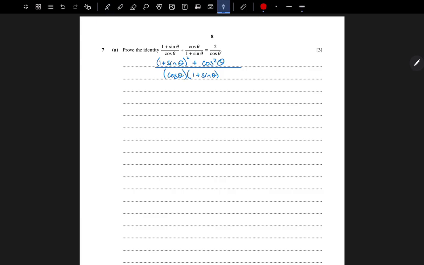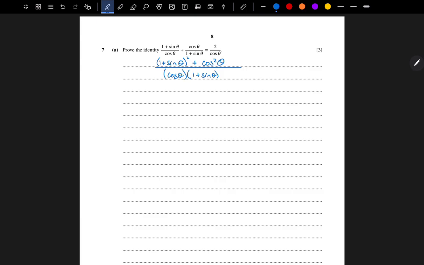Now if we look at the equation that we have, we can see that we have cos theta in the denominator, which we have in the question as well, and we can also see that we have 1 plus sine theta over here and 1 plus sine theta over here, which are identical. So we need to find a way to cancel these out. So the remaining term that we have is cos square theta, and let's just try to play along with it.